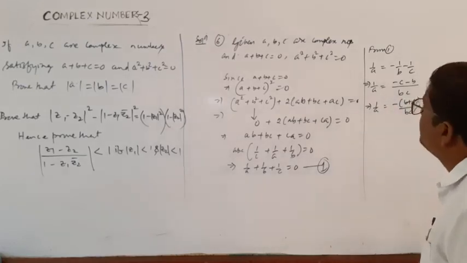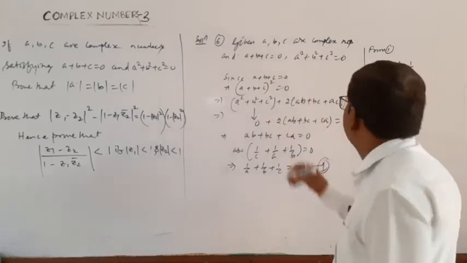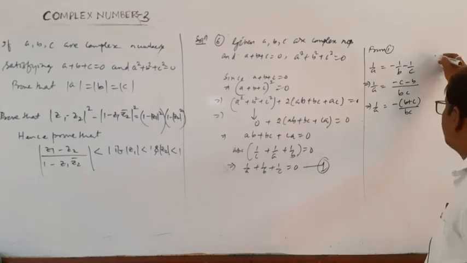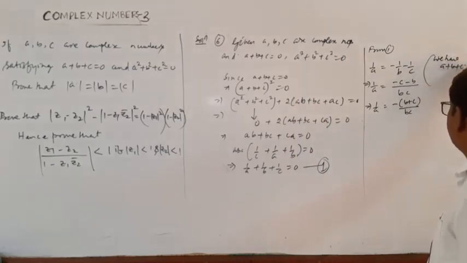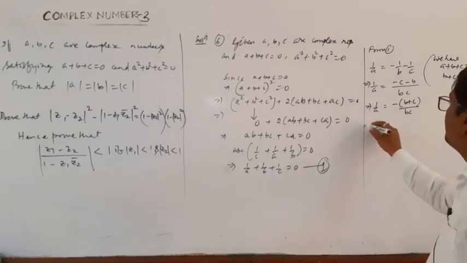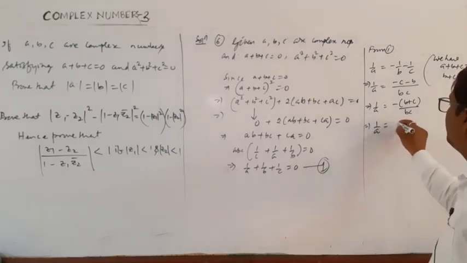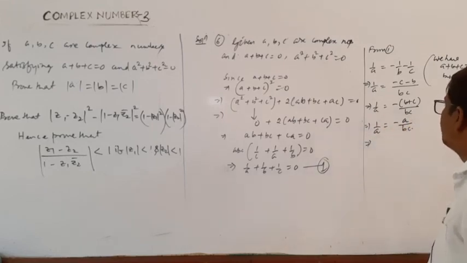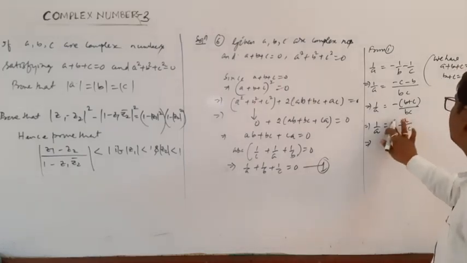So, B plus C is equal to what? From given data we have A plus B plus C is equal to 0. So, B plus C is equal to minus A. So, minus 1 by A is equal to minus A by BC, and that is what? Minus, A plus B plus C is equal to minus A, so this will be plus.